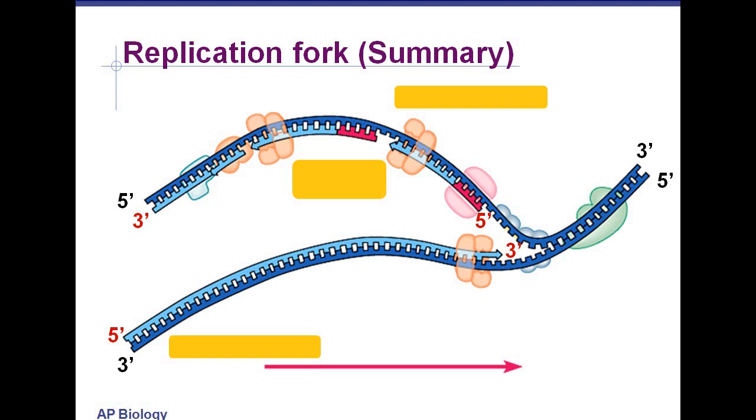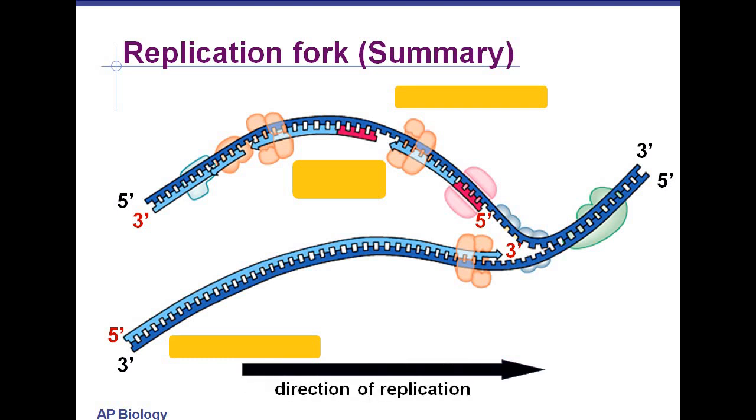Now coming to the summary, this is the direction of the replication. This is the helicase enzyme which act as a zip opener. These are the SSB proteins which helps to keep the two strands separated.